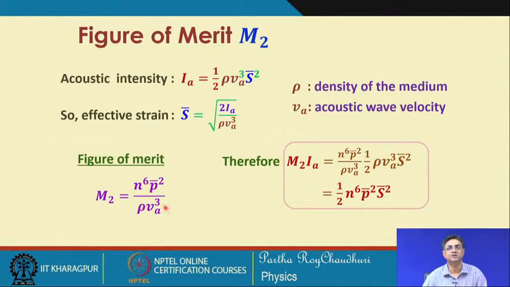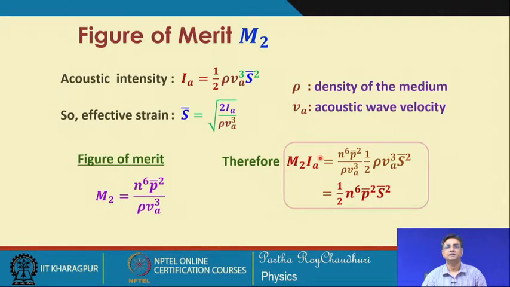If I use this here and multiply M 2 into I a, then you can get this equation. Once again, in place of rho V a cube, the acoustic velocity cube, I can use twice a by s bar square.